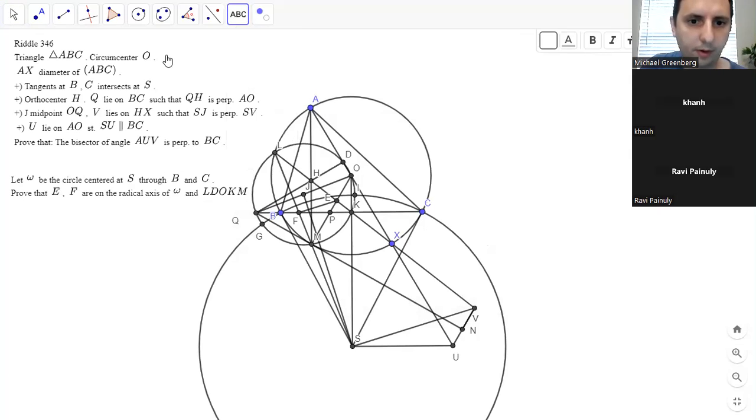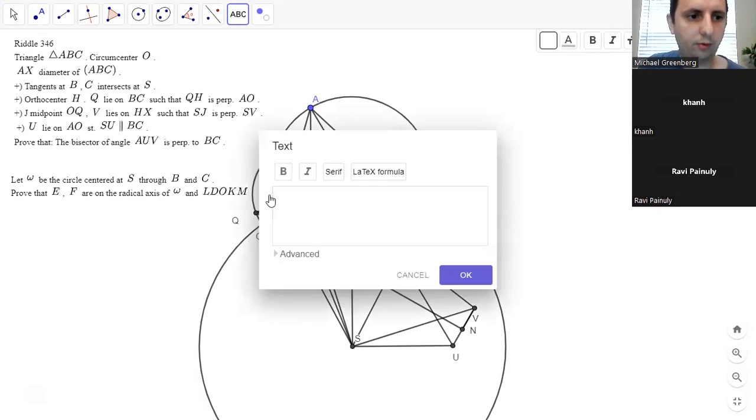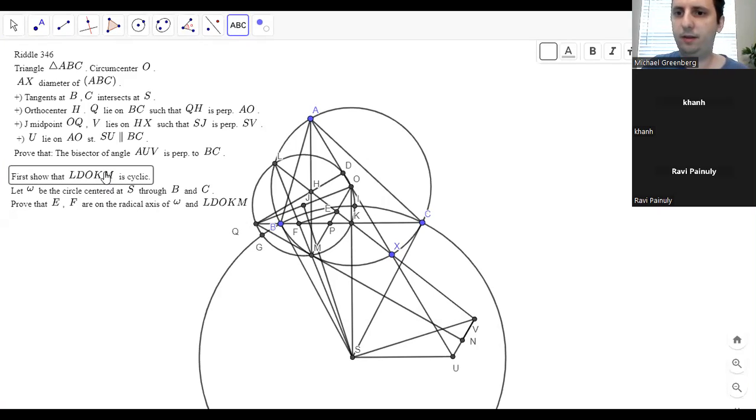Okay, so if we write out the steps, first show that LDOKM is cyclic. And then, okay, thanks for typing it up.